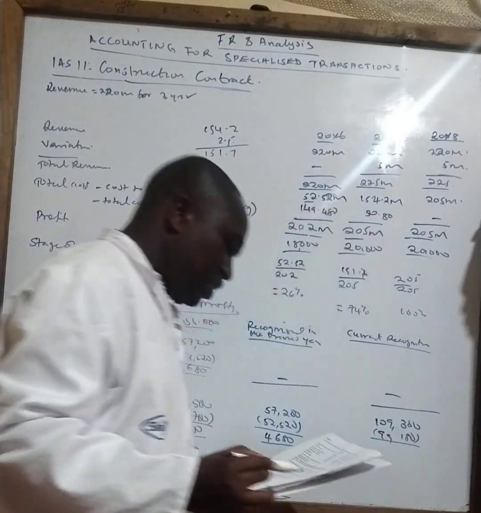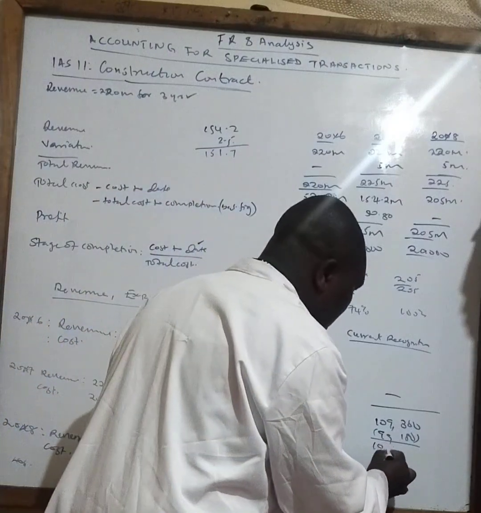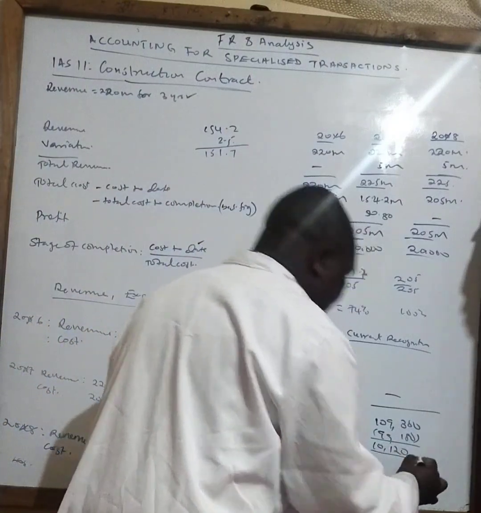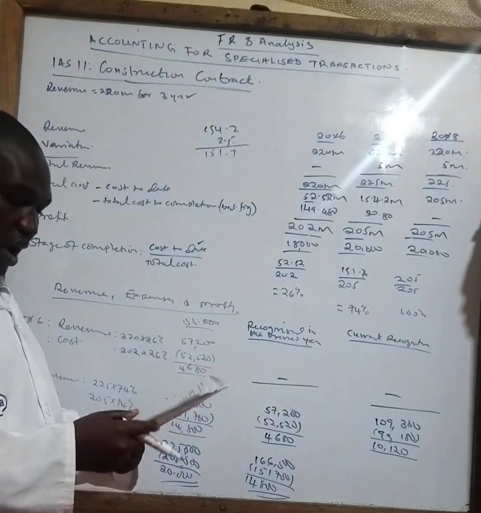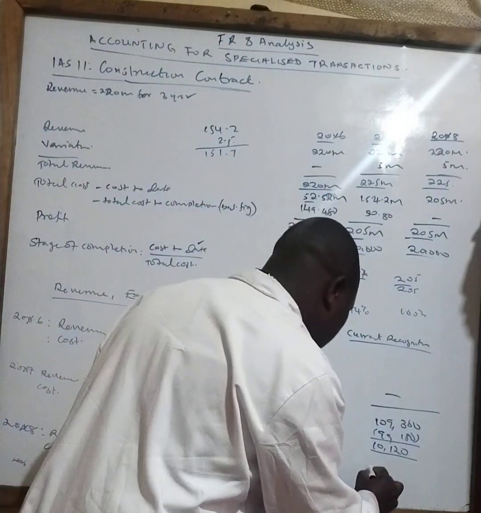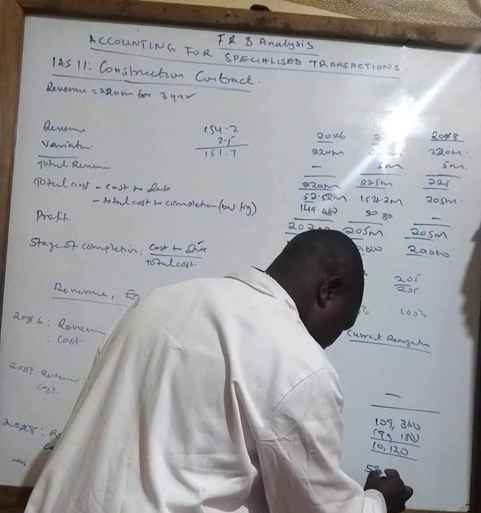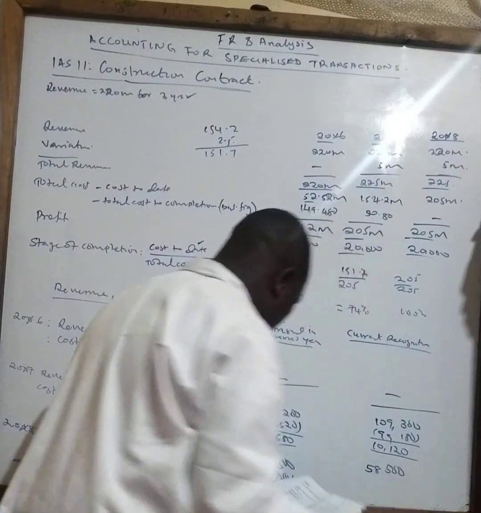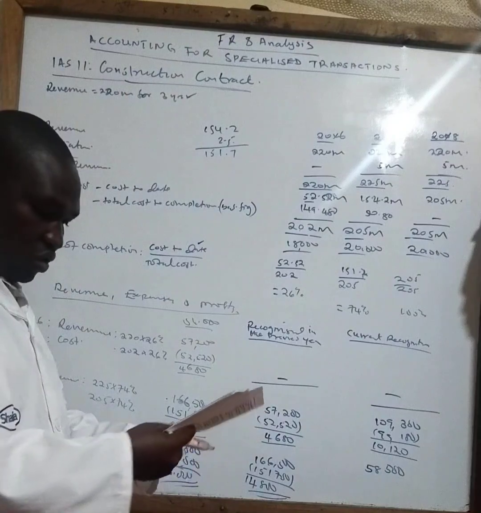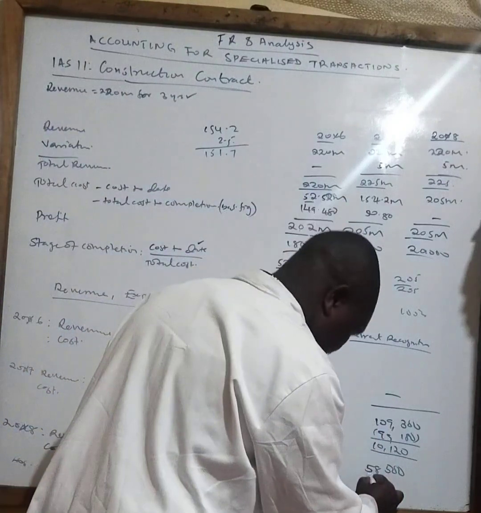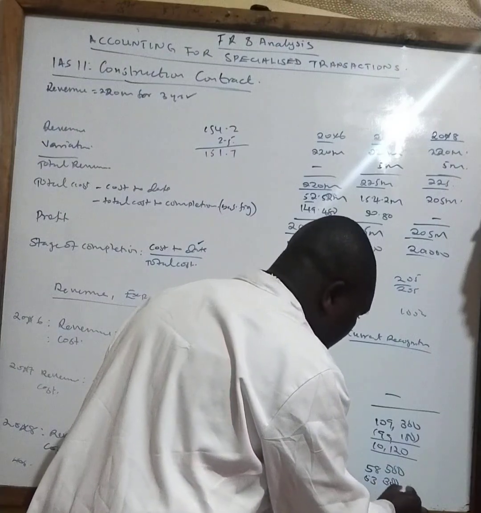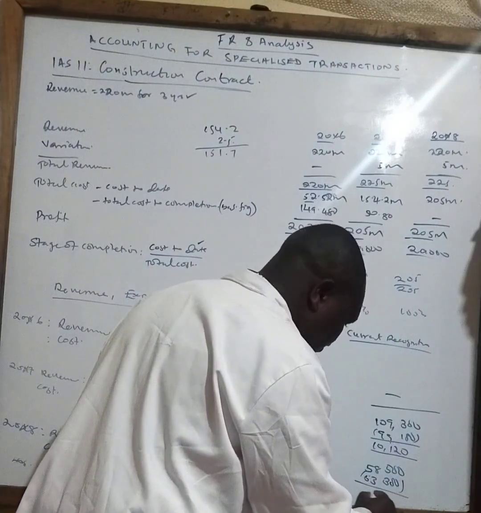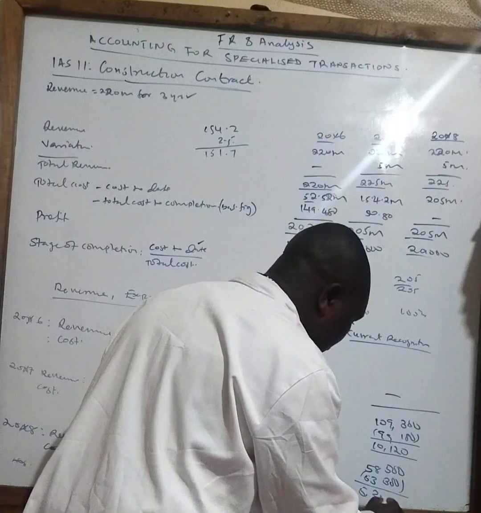If you subtract, your answer is 10,120. When you go to this one, also do this minus this, your answer is 58,500. Cost is now this minus this, your answer is 53,300. So if you subtract, your answer is 5,200.